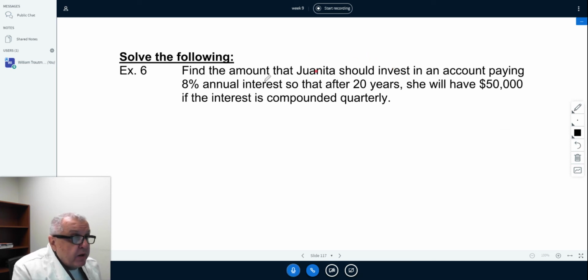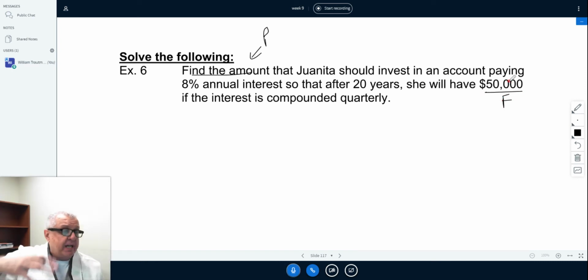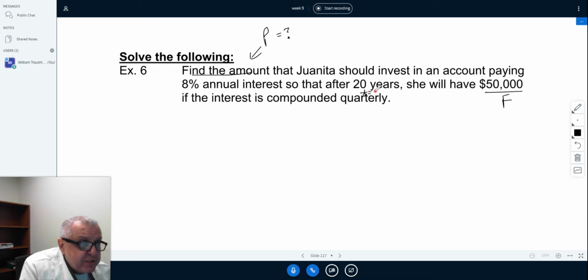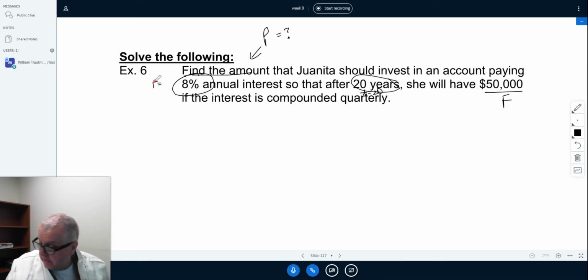So we're trying to find the starting amount, the present value. She will have 50,000. This is the future value. This is how much she will have in the future. We're trying to find out what the present value is, how much she needs to put in the bank right now. So she has $50,000 20 years later. How much does she have to put in the bank now? So 20 years later, she has $50,000 and she gets 8% interest.